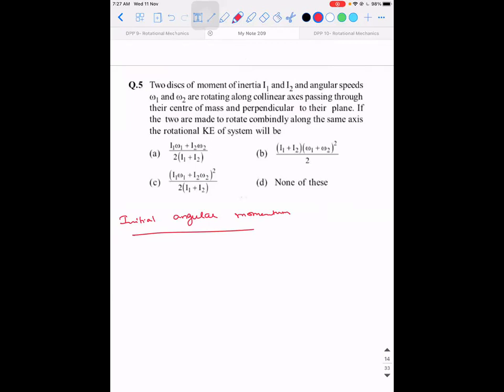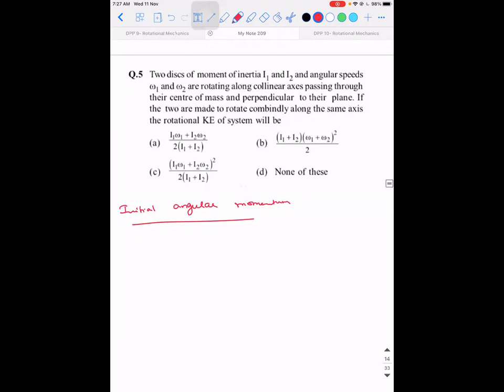Is there any external torque acting on the system? No, sir. So here also the angular momentum is conserved. So the initial angular momentum of the system will be I1 omega 1, that is the angular momentum of the first object, plus the angular momentum of the second object.